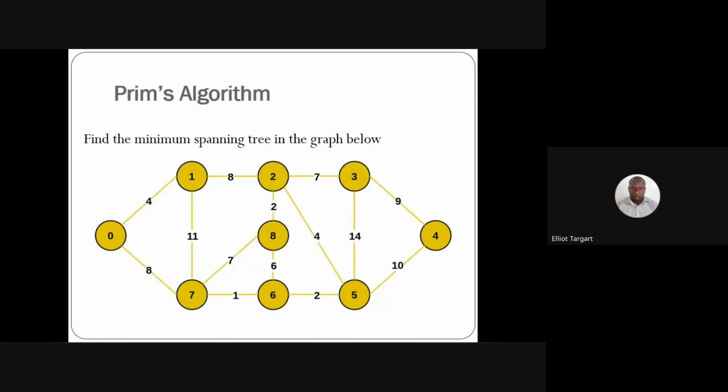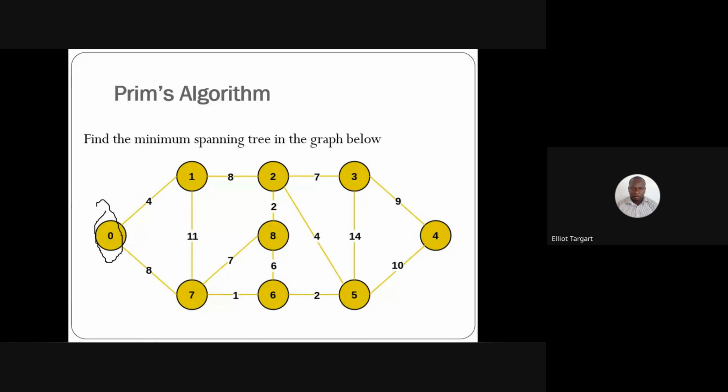So we are using Prim's algorithm, right? We start from 0. Yes, let's start from 0. When we take 0, we look from 0 to 1 and 0 to 7, the least one.